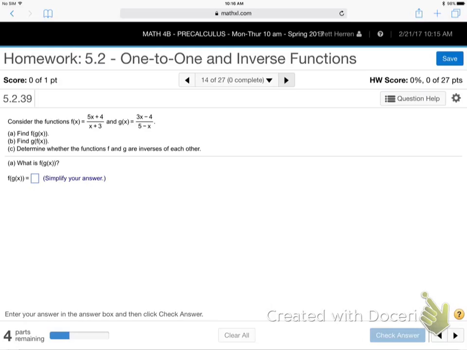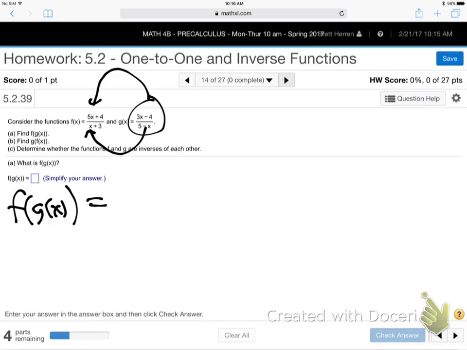So f of g. So they want me to do f of g of x. So they want me to take all of g and put it in both x slots, right? You always stick the stuff in where the x's are, the holes in the toaster. They're insert slots, right? So we'll go, okay, what a mess.